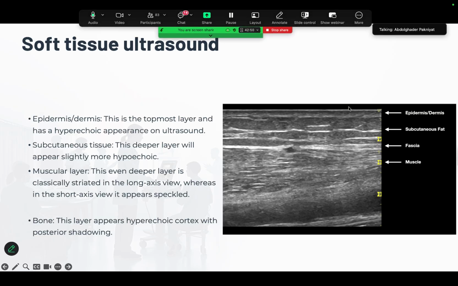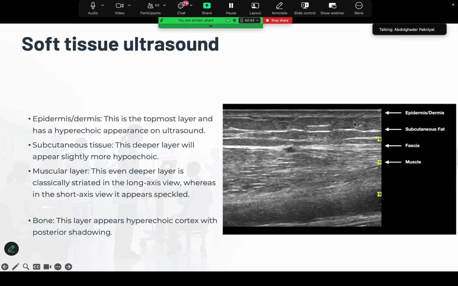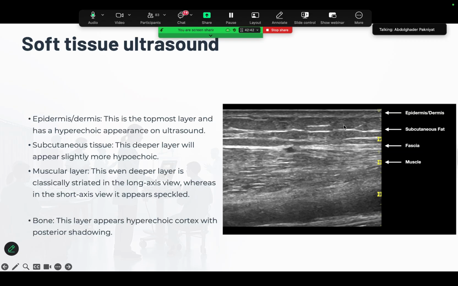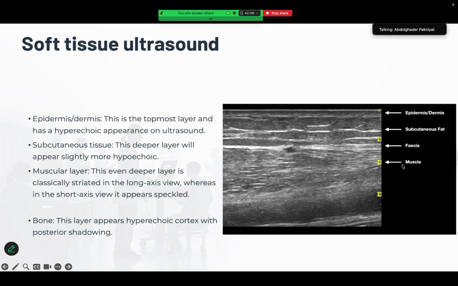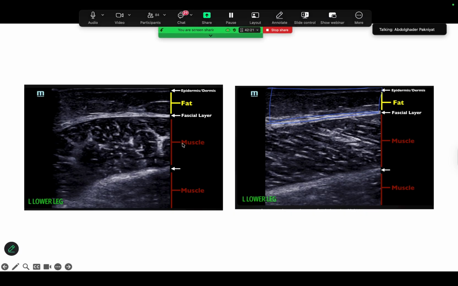Below it, there is subcutaneous fat with some hyperdense structures inside. Then fascia, then the muscle, and then you have bone, very hyperdense with posterior shadowing. So the normal ultrasound finding is epidermis, dermis, fat, fascia layer, and the muscle.